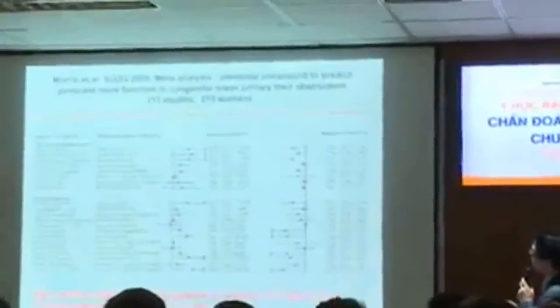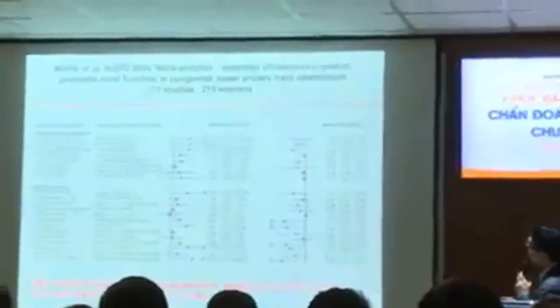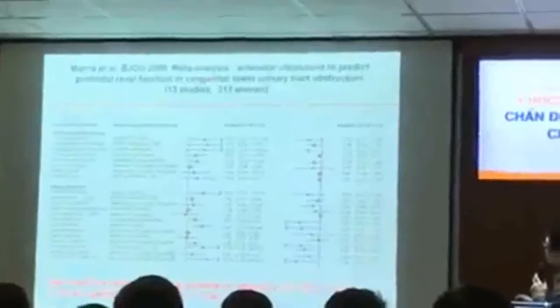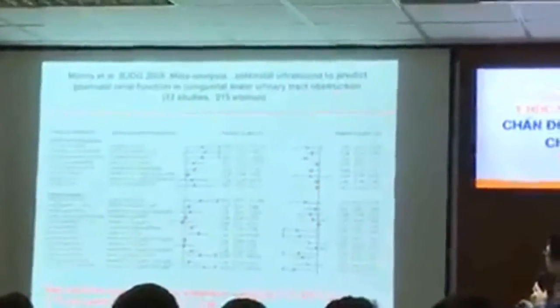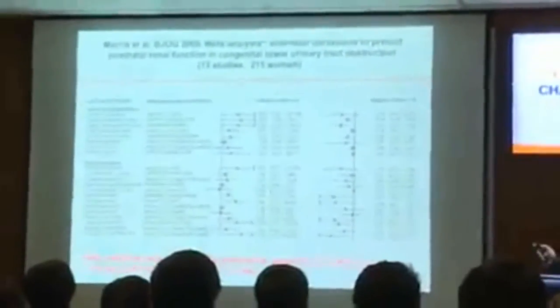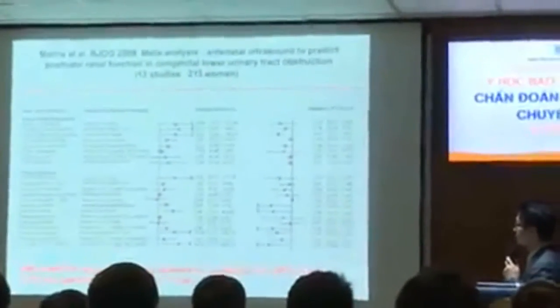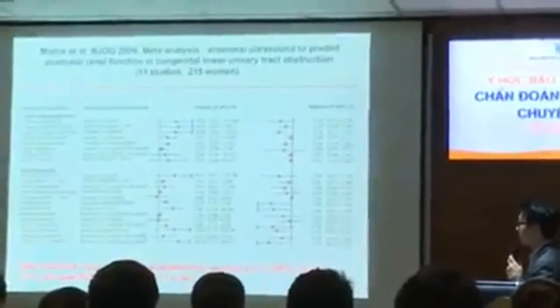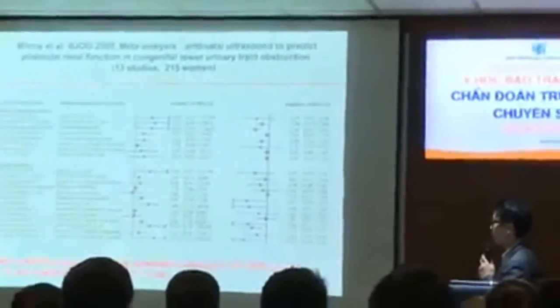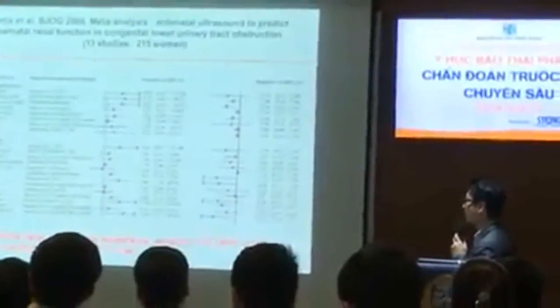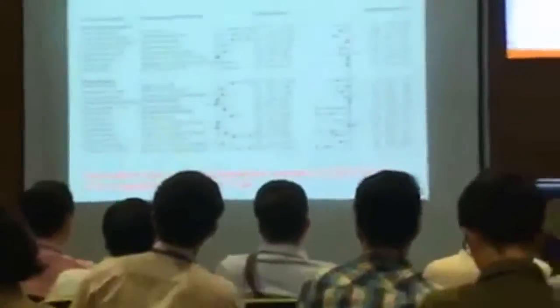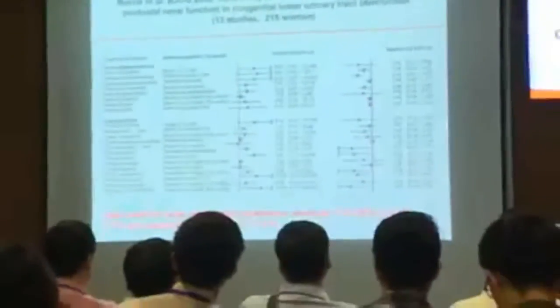If you want to predict the postnatal renal function in congenital lower urinary tract obstruction, this is very similar to the previous slide. It includes 13 cases. The best predictive value is also the same: renal cortical appearance, sensitivity 95%, with sensitivity 0.57 and specificity 0.84.